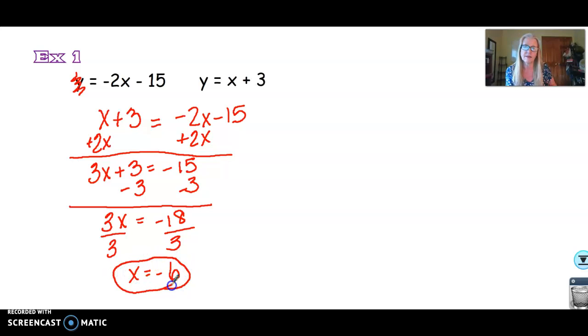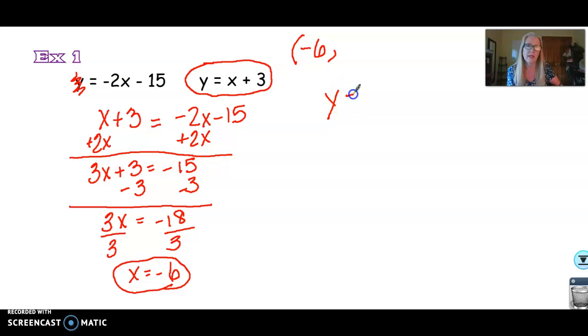All right, so I have the first part of the solution. I know the x coordinate is -6, but what's y? Well, I can find y because now I know x. So let's take the easier of the two equations. This guy here, he's pretty simple, right? Y equals x plus 3.